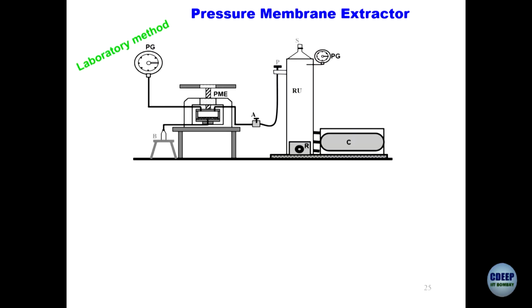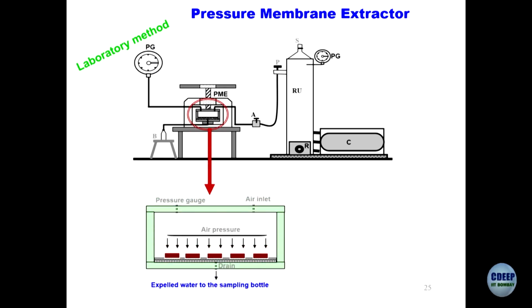This is a typical pressure membrane extractor which I was talking about. So, you have a compressor unit, retainer unit of the compressed air. This system is the pressure membrane extractor, like a pressure cooker. And if you zoom it, this is how it looks like.